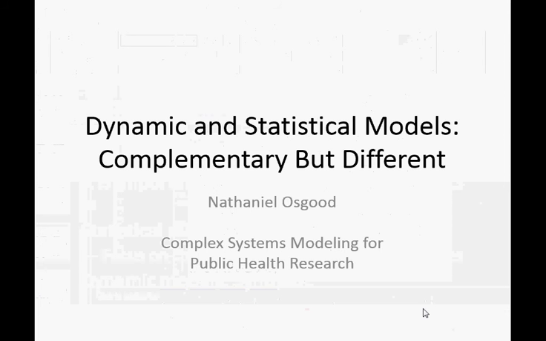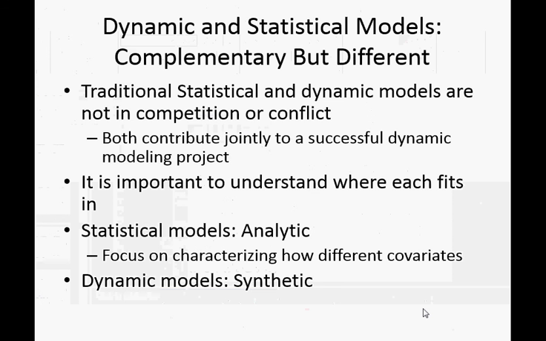I think I could speak for both Ross and I, and certainly many other modelers, in saying that statistical models and dynamic models are both essential tools in the toolbox of public health. Both are absolutely essential for informing our understanding of the world, but they're different, and they bring very different things to the table. And this is why counterposing them as two competing factions that are seeking to secure health science supremacy is really misguided.